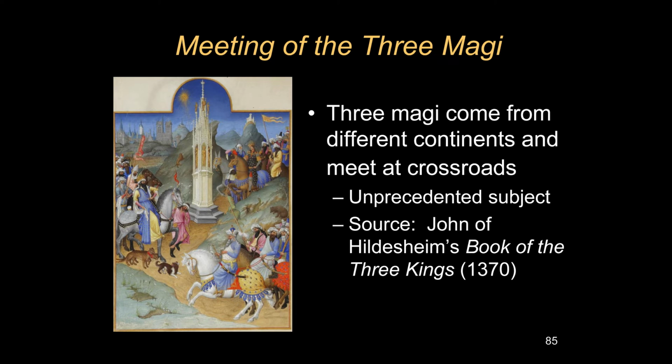But the source is from a German author, John of Hildesheim, and he wrote a book, the Book of the Three Kings. And he elaborated on who these three kings were, what their story was. They are converted to Christianity, they spread the gospel, they become martyrs, but there's all sorts of details of their story.